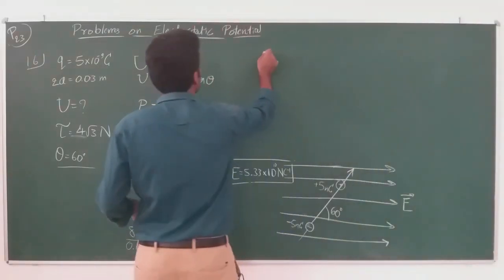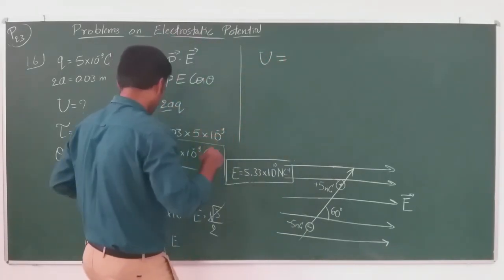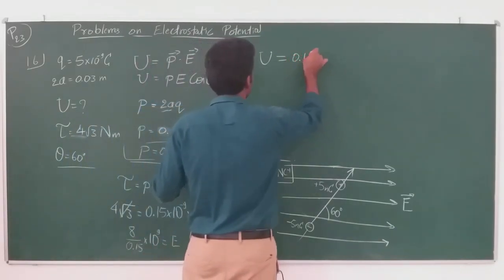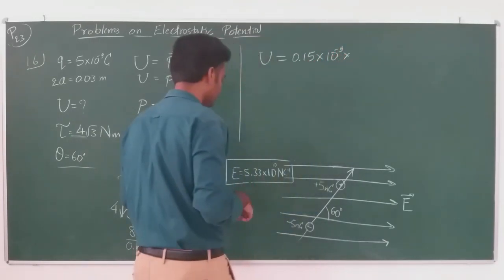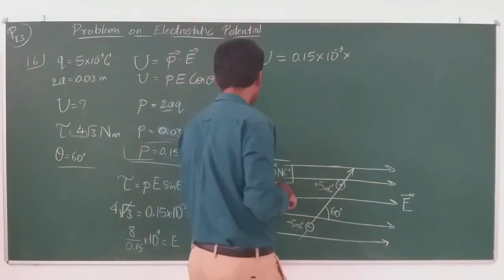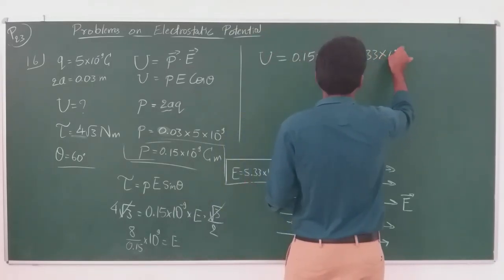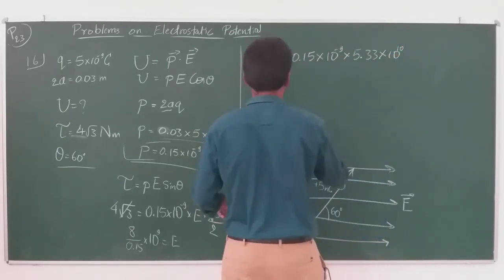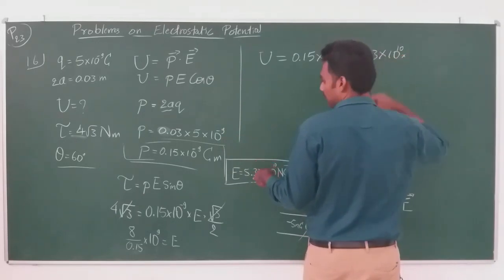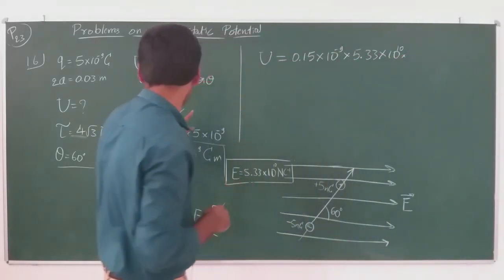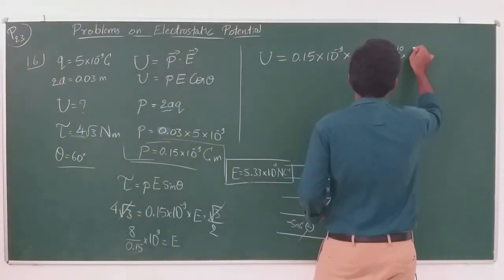So U will now become equal to P, which is 0.15 into 10 to the power of minus 9, into E, which is 5.33 into 10 to the power of 10, into cos 60. What is cos 60? Cos 60 is half.